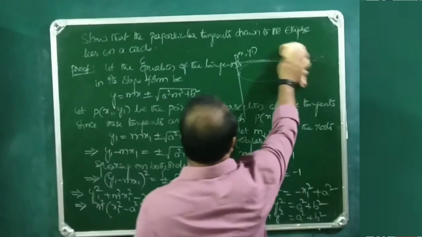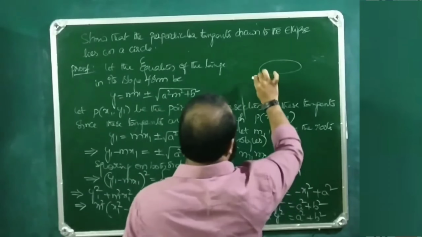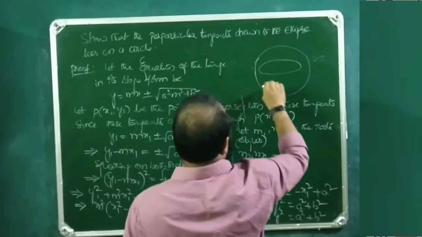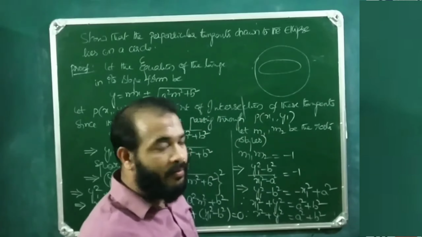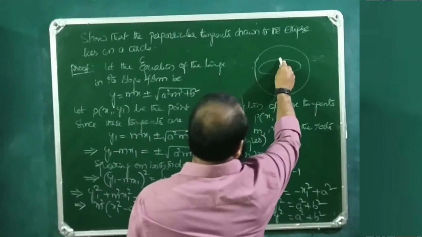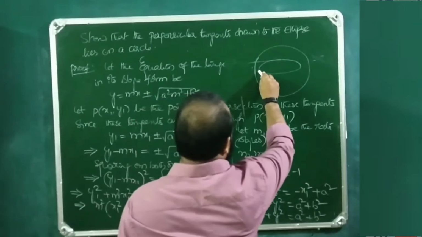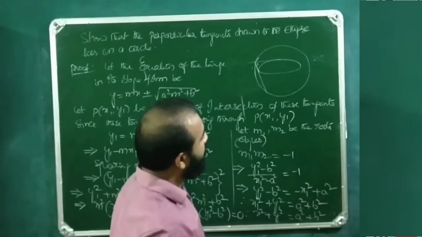So this is the ellipse and the director circle will be like this. How will this director circle be formed? At this point this is the tangent, at this point this is the tangent, and both are intersecting at this point.